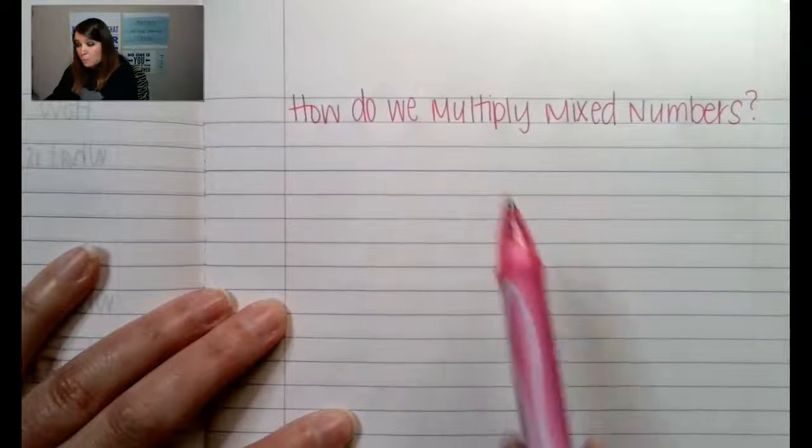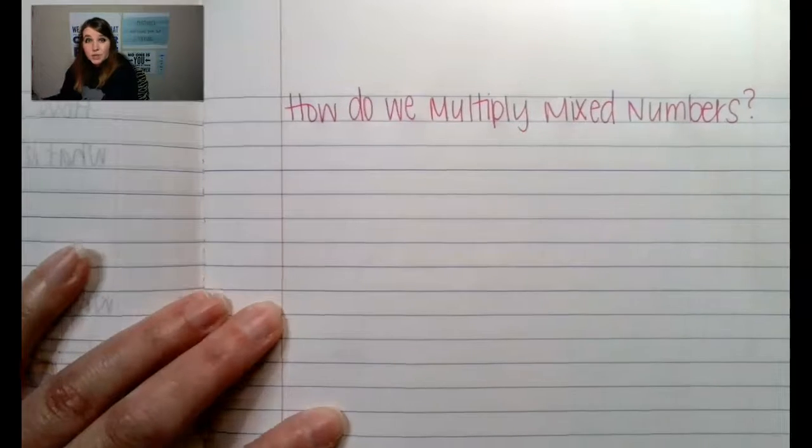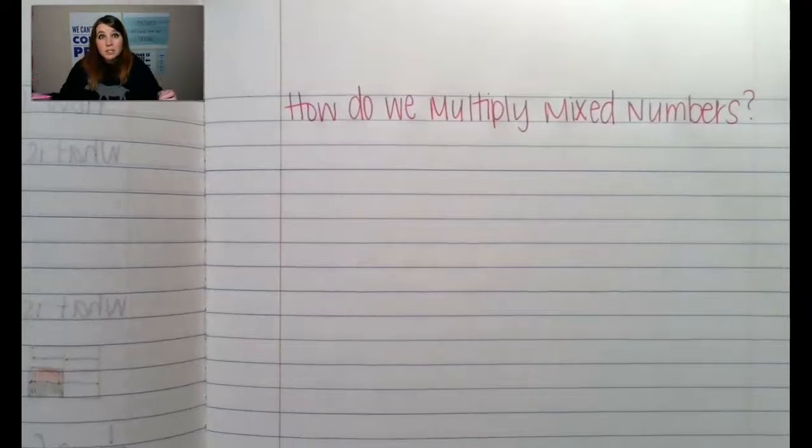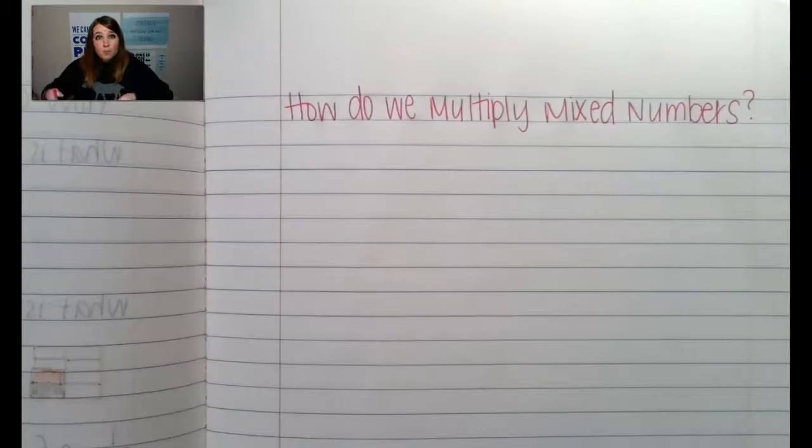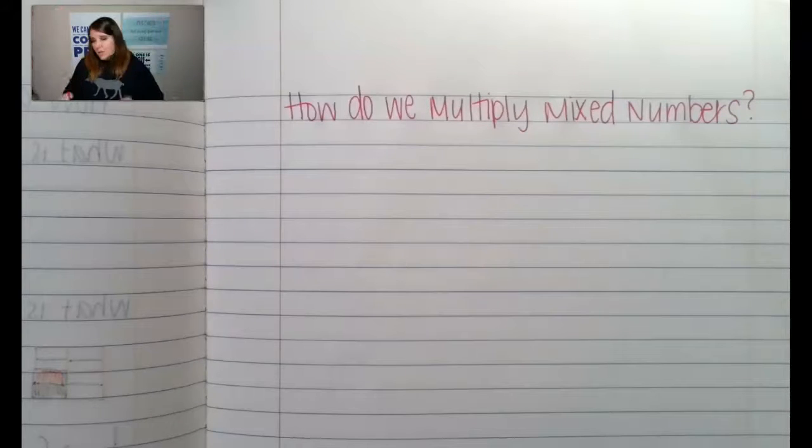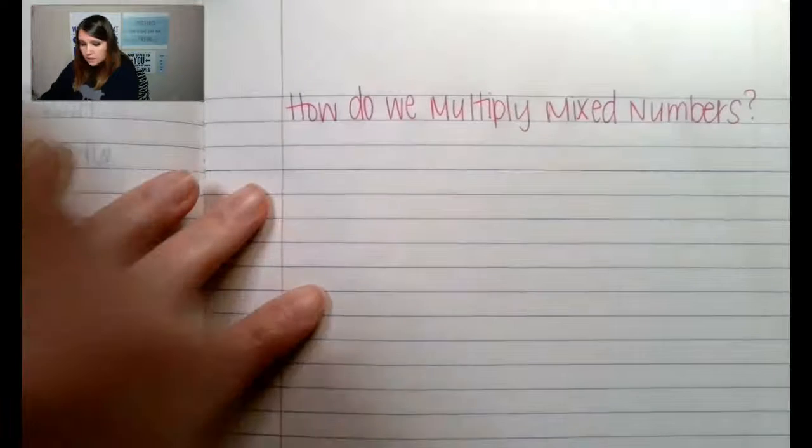We will be multiplying mixed numbers. We are going to be changing a mixed number into an improper fraction so that way we can multiply a fraction by a fraction. We're going to do it. Are you ready? Let's do this.